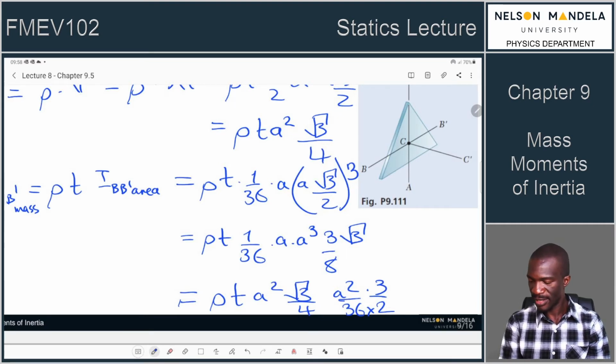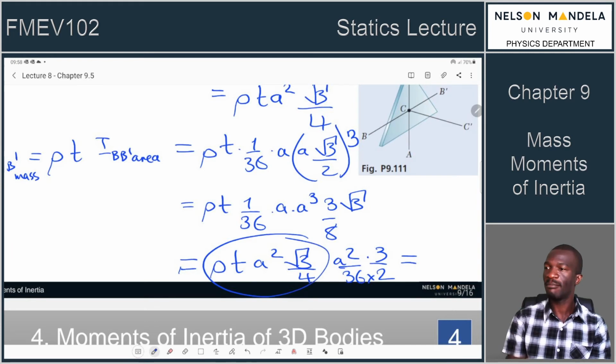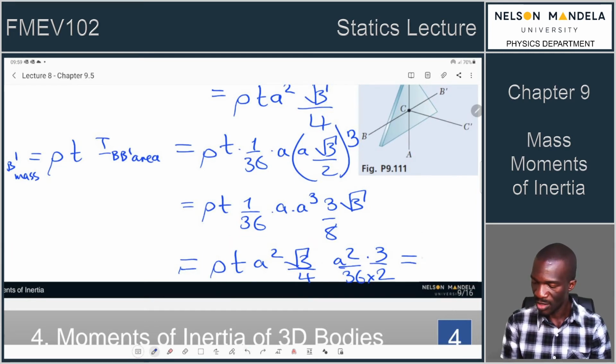So I guess rho T A squared root 3 over 4, isn't it? So we've taken out an A squared. We're happy. So this must then represent that mass M.